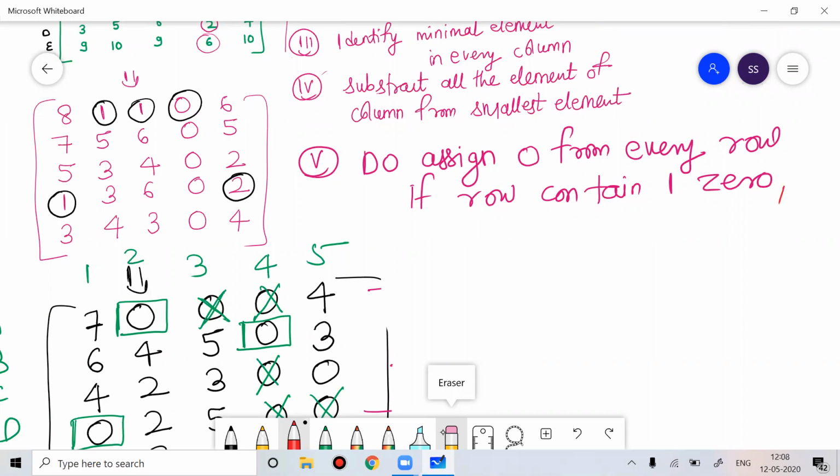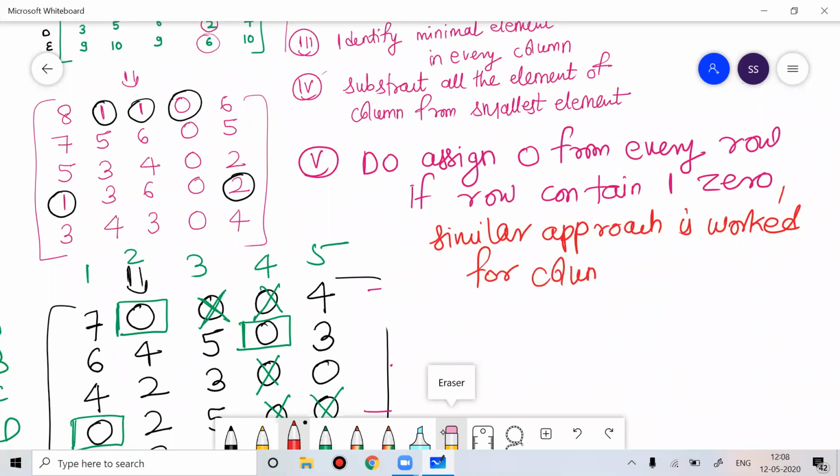So a similar approach works column wise. First you saw row wise, and you did assignment to that row which has only 1 zero.